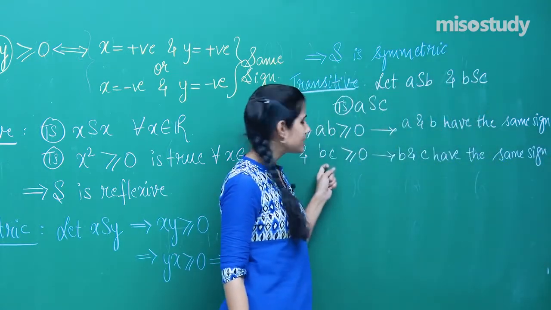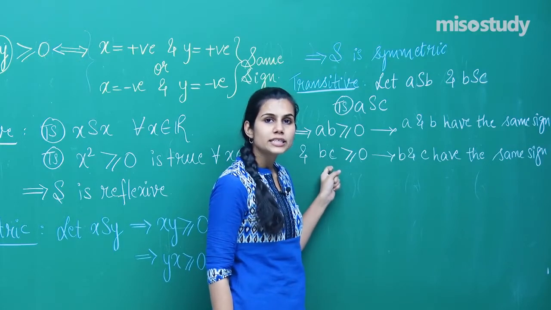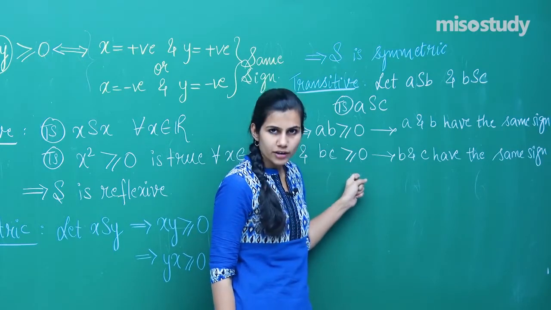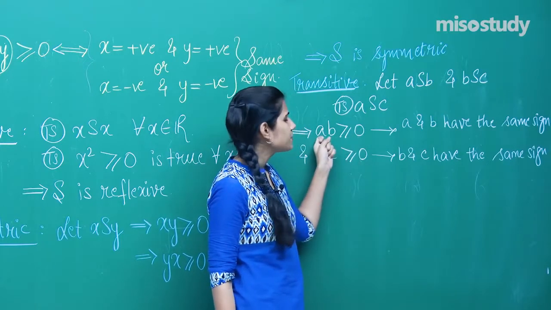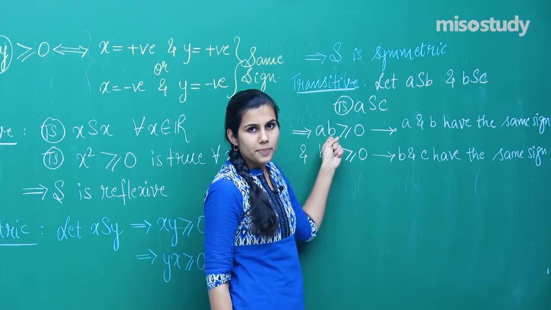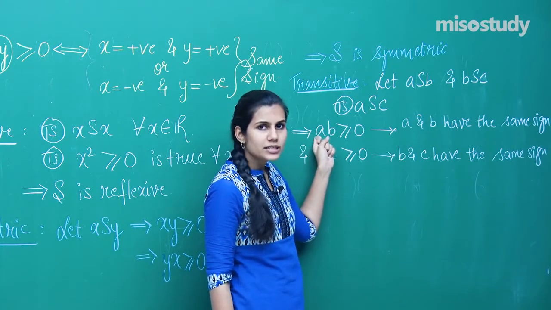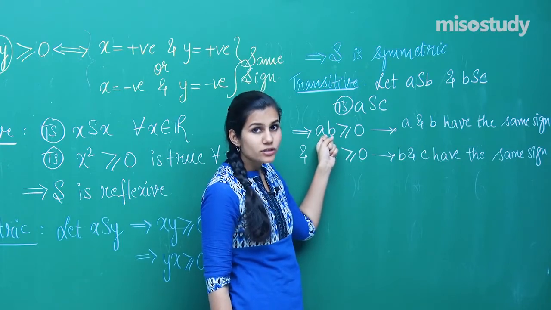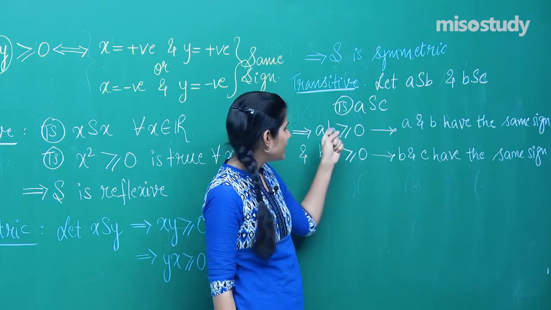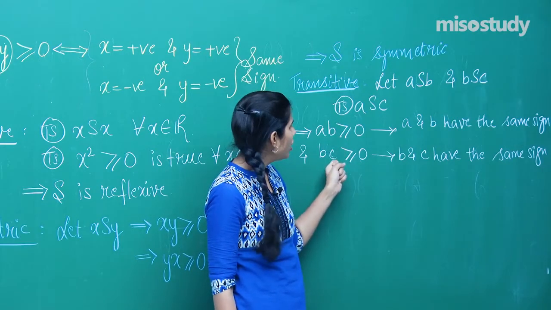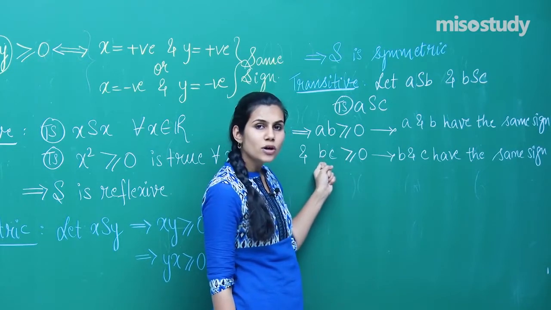That means if B is positive, C is also positive. If B is negative, C is also negative, for B into C to be non-negative. Let's take any case. Suppose A is positive and B is also positive. That means both have the same sign of plus. So if A is positive, B is also positive because A into B has to be non-negative. If I come to the next expression, already if I have B positive declared, that means B will be positive here.